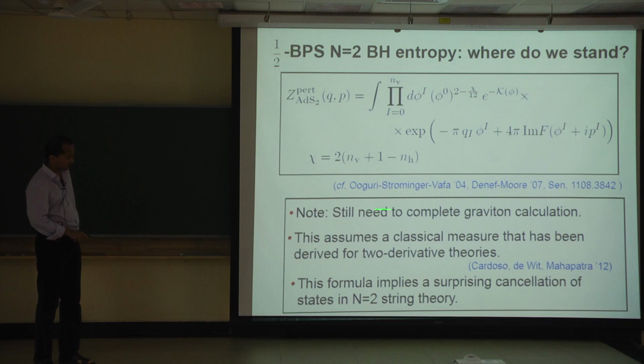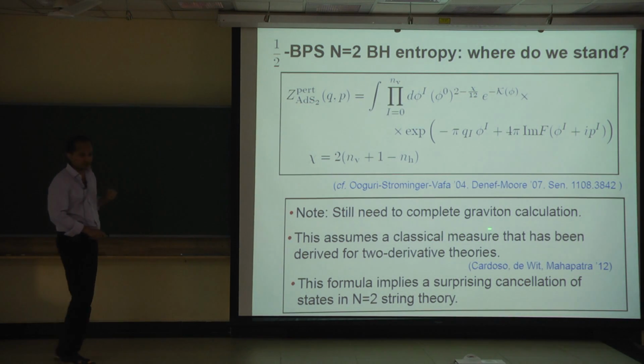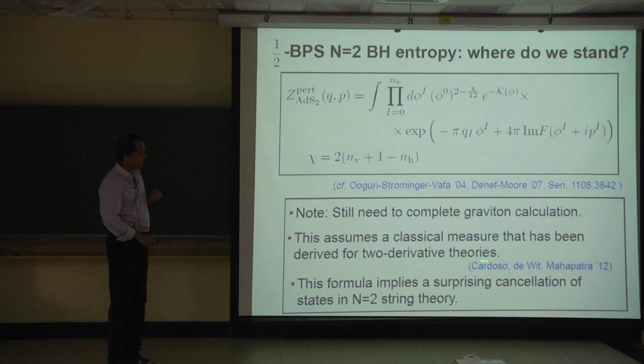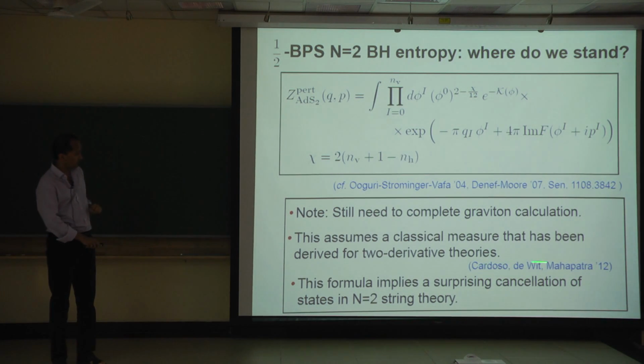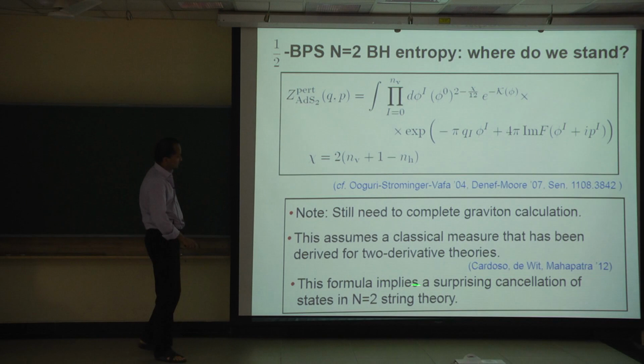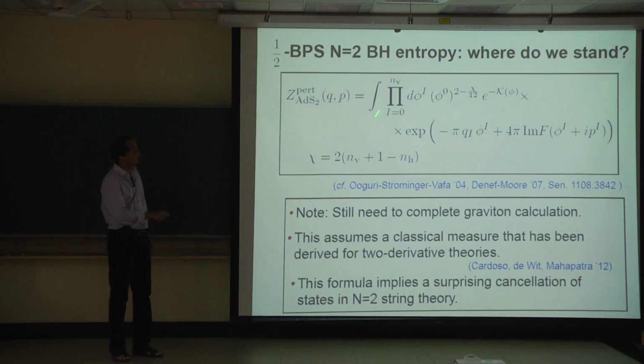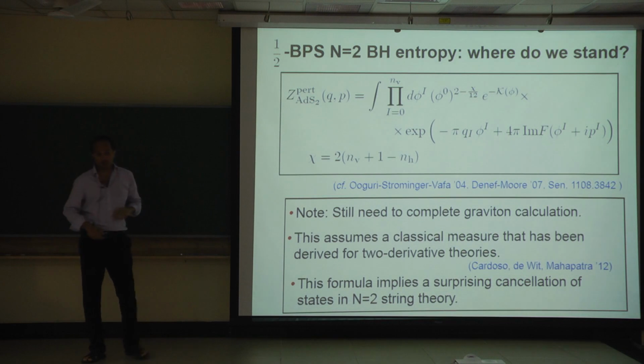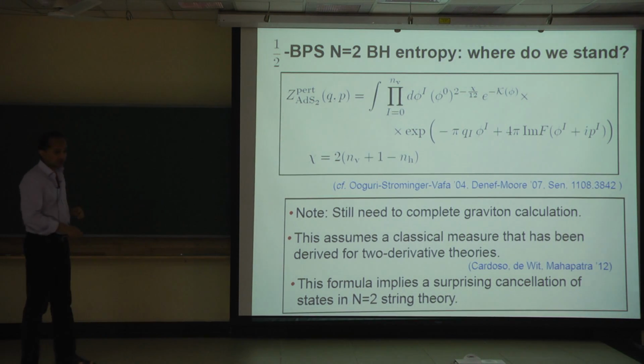We still have to complete this graviton calculation, and there's this classical measure factor which I didn't tell you about. At two derivative level, if you borrow the classical measure factor which Murthy, Swapna and Cardoso write down, then you get really exactly this formula. Okay? So that's quite surprising, because when Denef and Moore wrote down this formula, it was based on a regime of large topological string coupling.